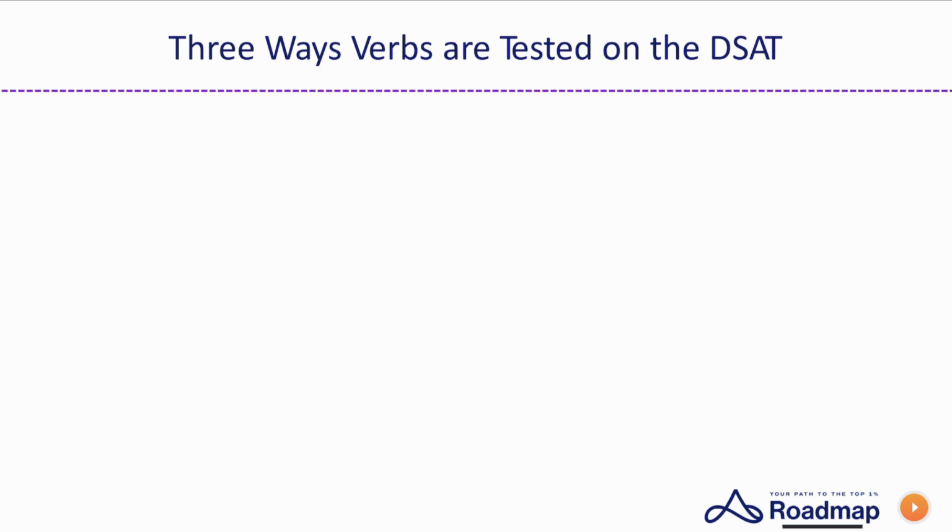And when you have a verb form question on the SAT, you're most likely going to be dealing with sentence structure. And that makes a lot of sense because the way that a verb is formed can affect the structure of the sentence.